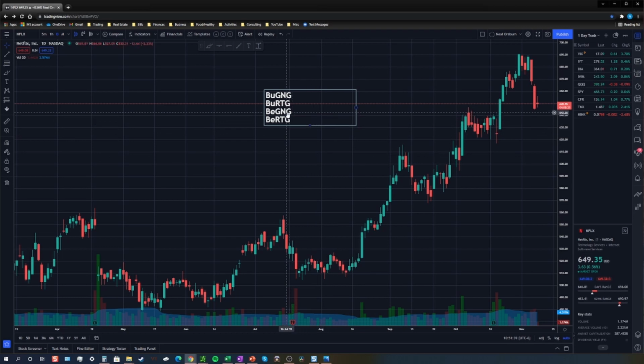Bearish gap and go, bearish retest gap, all that means is the gap was down. Okay? Now, gap and go, what that means is the direction of the gap was bullish, but the previous candle was bearish, right?